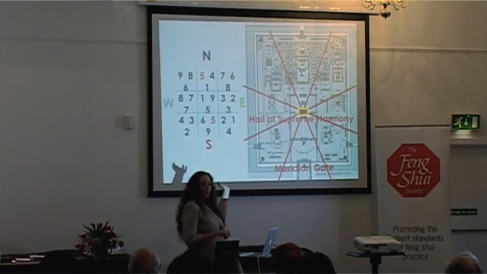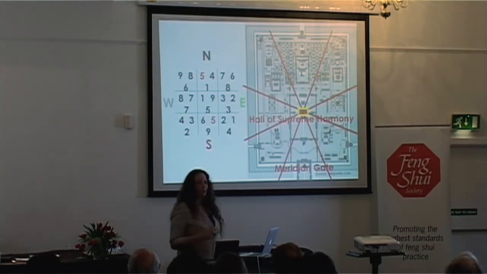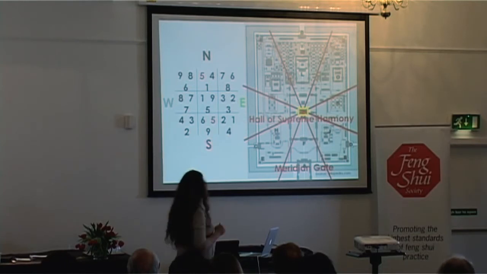And what I found quite interesting about this chart is if you add up all the numbers in each palace, the water star and the time star, each one adds up to 5. And then if you add up the water star, mountain star and the time star, each one adds up to 6.